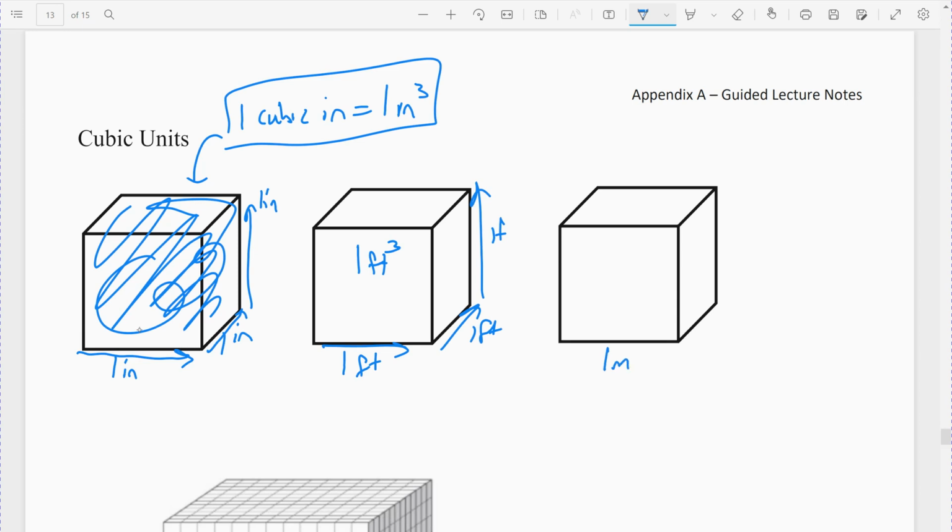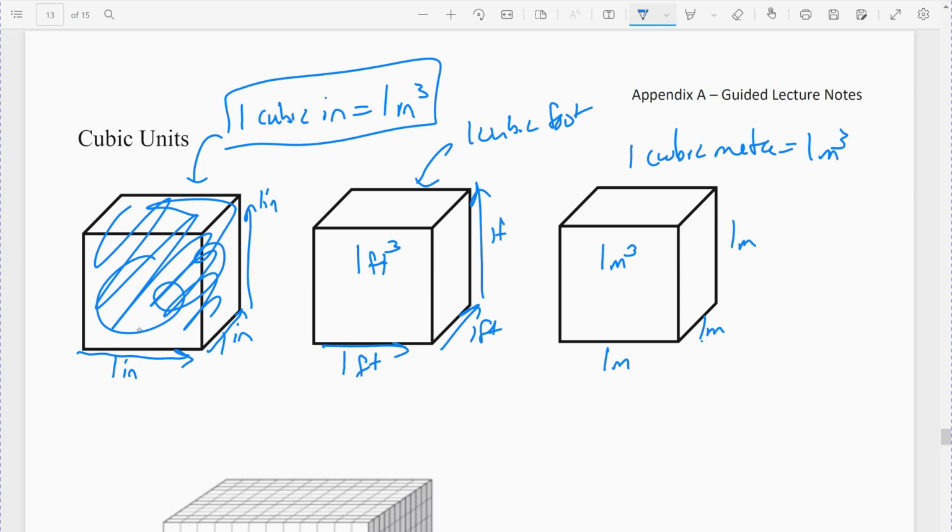Same thing if it was 1 meter by 1 meter by 1 meter, this would be 1 meter cubed, or again, 1 cubic meter, right? So if we want to convert that, we have to keep that in mind.